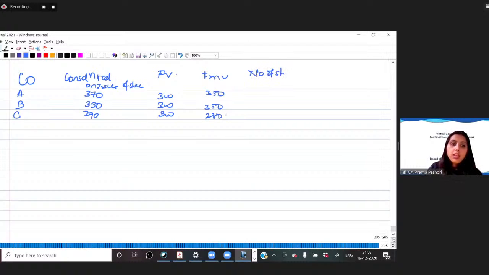Number of shares: 1 lakh, 2 lakh, and 3 lakh. Giving you 3 minutes to tell me whether 56(2)(7)(b) will be applicable on A, B, and C, and in the first case, what will be the taxable amount?